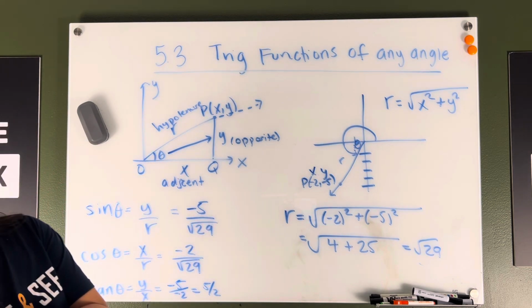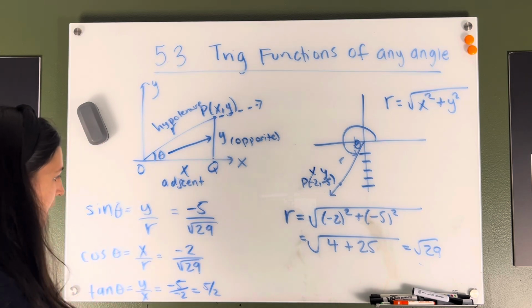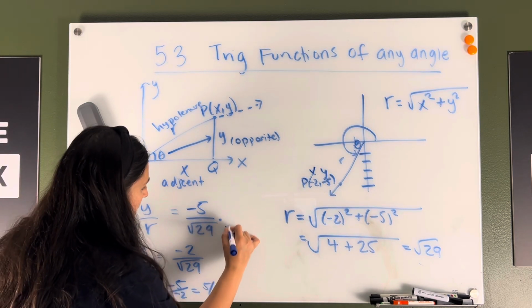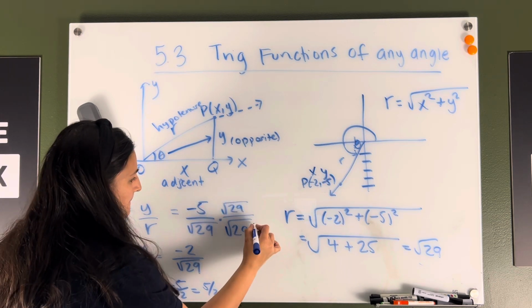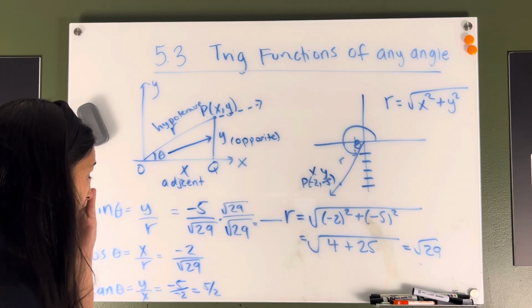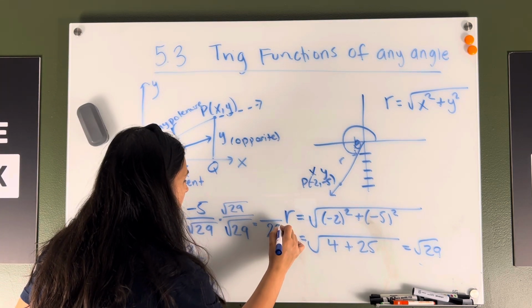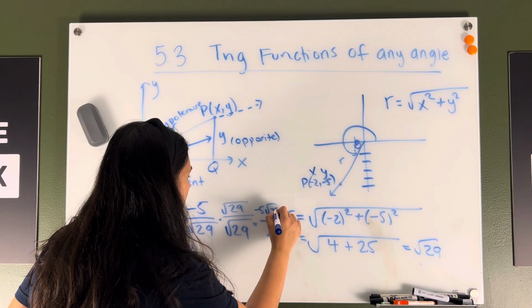Okay, remember that whenever you have a square root in the denominator, you don't want to leave it there, you want to rationalize it. So here you're going to multiply by the square root of 29 on top and bottom. Square root of 29 times the square root of 29 would just be 29. And then here we have -5 times the square root of 29.